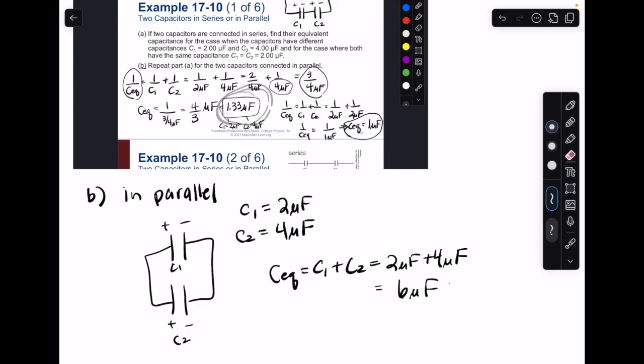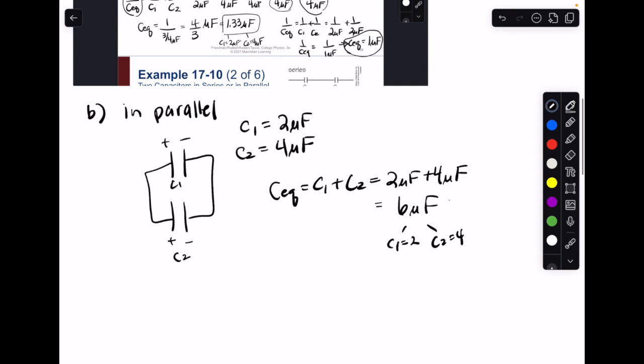And so you might imagine in a circuit board, you need a certain value and you only have 2 capacitors, right? You can just choose to arrange them in series versus in parallel. If you need a lower capacitance, use series, or if you need a higher capacitance, you might want to put them in parallel. So that is for C1 equals 2 and C2 equals 4.